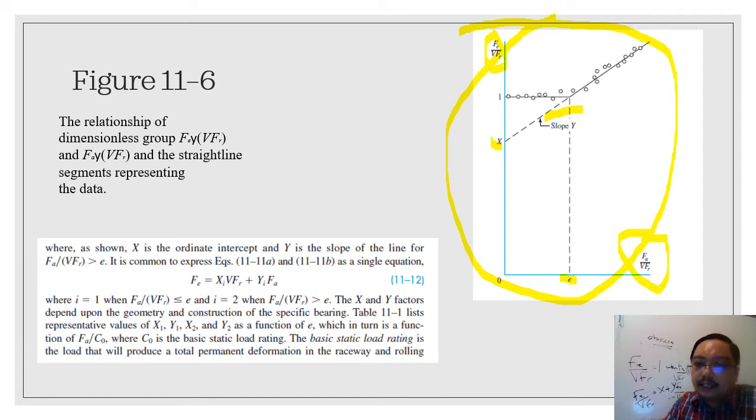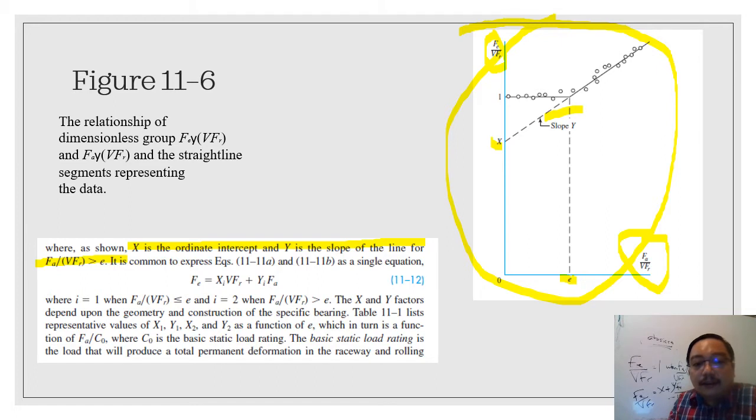You can get this slope, where X is the coordinate of the intercept and Y is the slope of the line for this equation. In practice you will use Table 11.1, in the next slide, but this explains how you get the table.